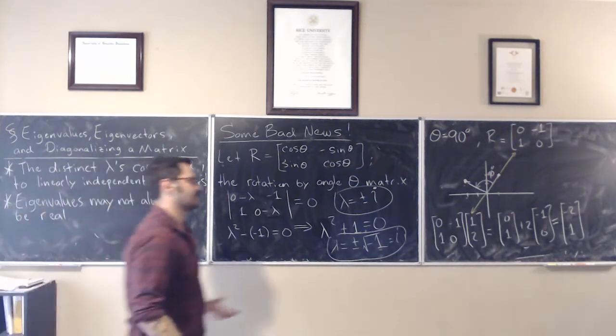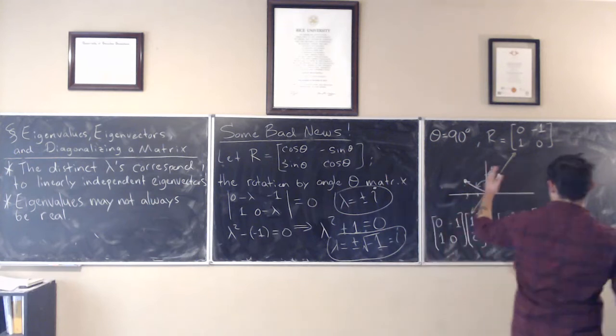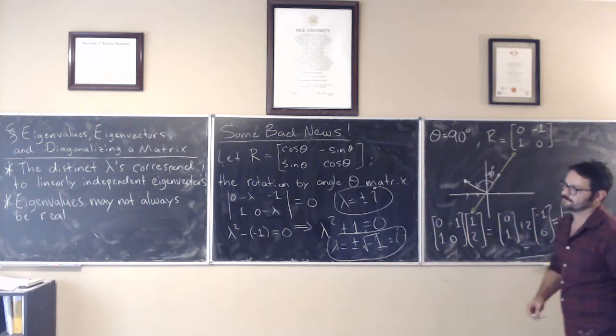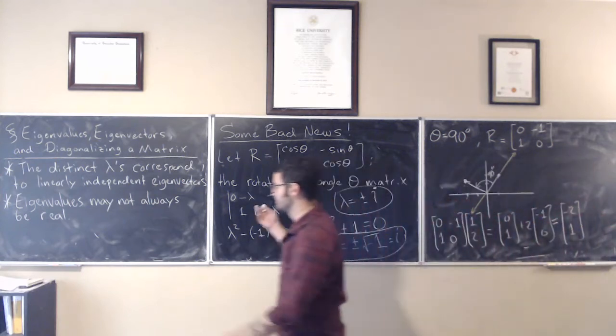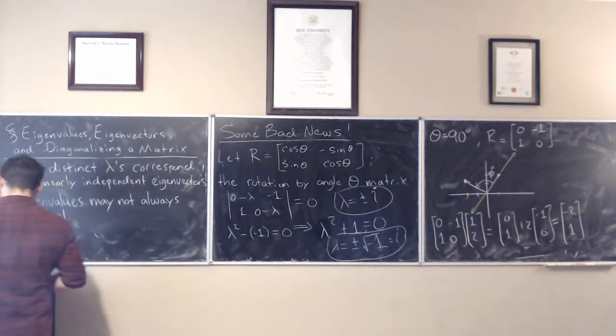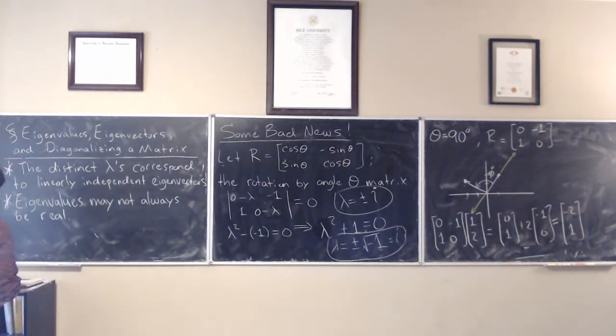And that's because, again, this is rotating a vector and it will never land on itself ever, unless x is equal to 0 or the lambdas are imaginary.